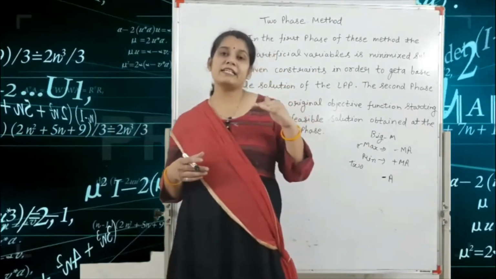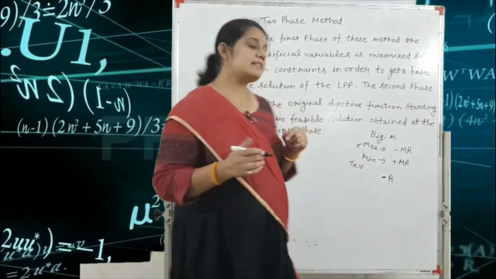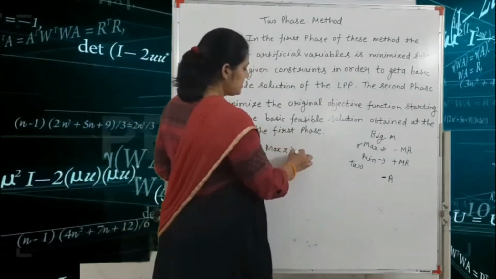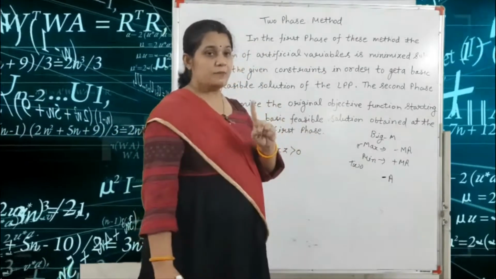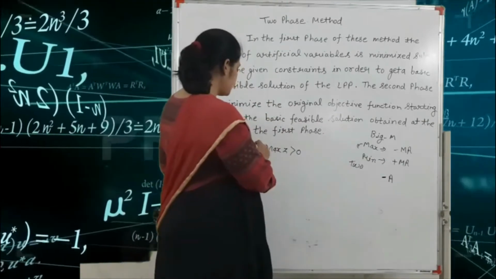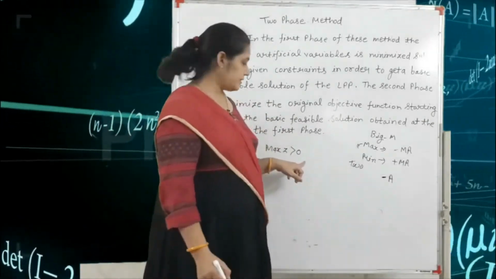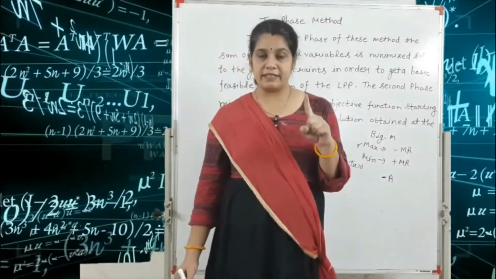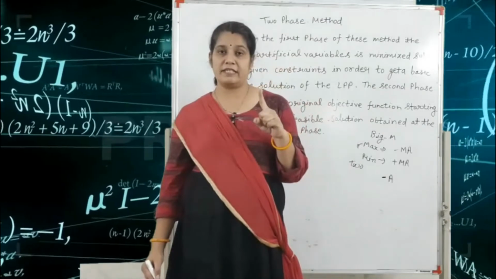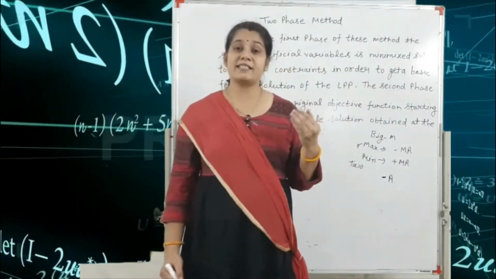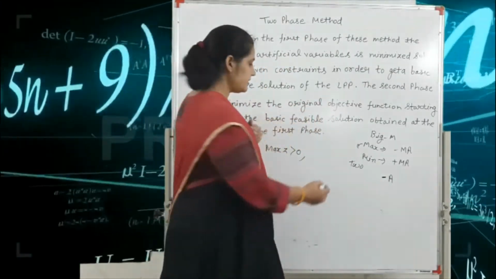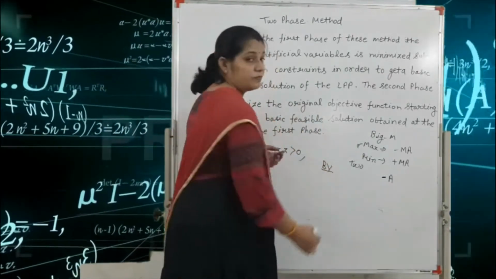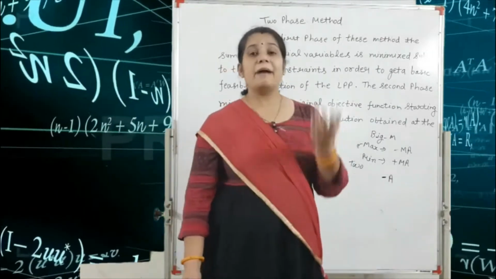Okay. So for phase 1, there are three conditions here. If maximize Z is greater than 0 and at least one artificial variable is present in the basis. Present in the basis, that means, as we have already seen in the Boolean method and the simplex method, we map here the BV column in the table. BV means the basic variable column.